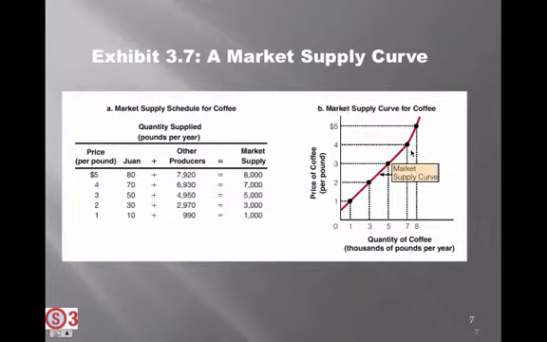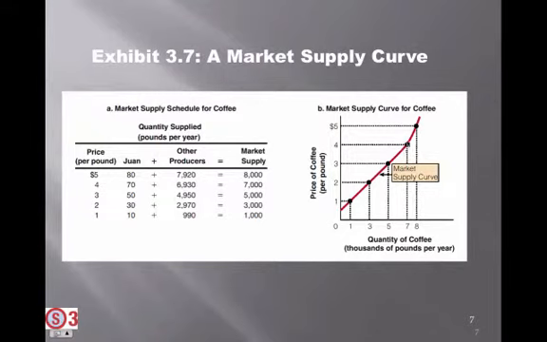Notice it goes up, let's say at $4. Well, producers are getting more for their product. They have a higher incentive to produce, so they're willing to produce 7,000 pounds of coffee at $4 a pound. Notice that comes from the supply schedule at $4 a pound. They're willing to produce 7,000 pounds.